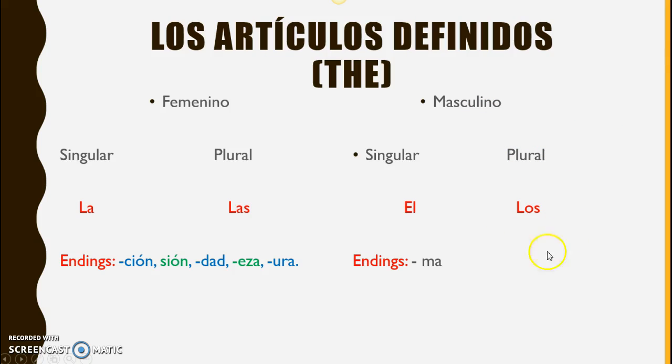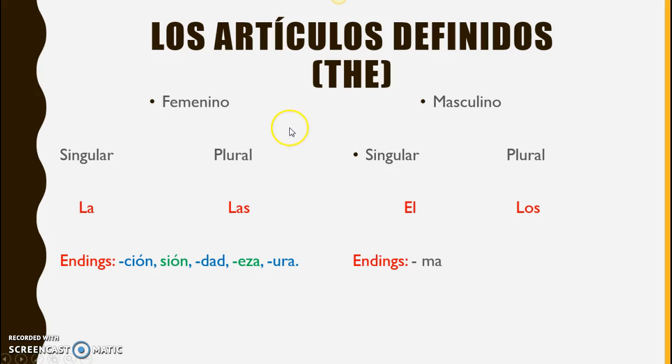Okay, so we are going to talk about the definite articles. It is important to know that in Spanish there is an agreement between the articles, adjectives and the noun, if this is feminine or masculine, and if the noun is plural or singular.